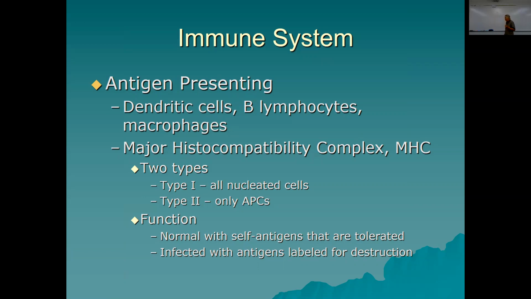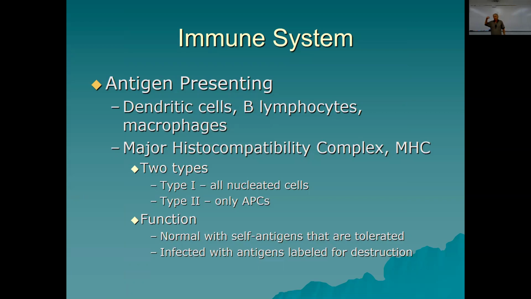Function. Normal with self-antigens that are tolerated. That is, every cell in your body, except for red blood cells, mixes type 1 with a self-antigen, and this informs the immune system that everything is hunky-dory, everything is good.